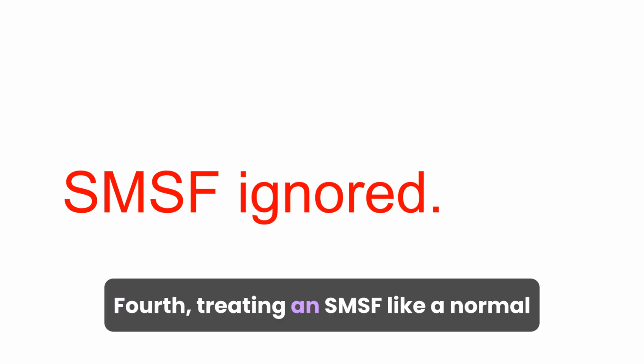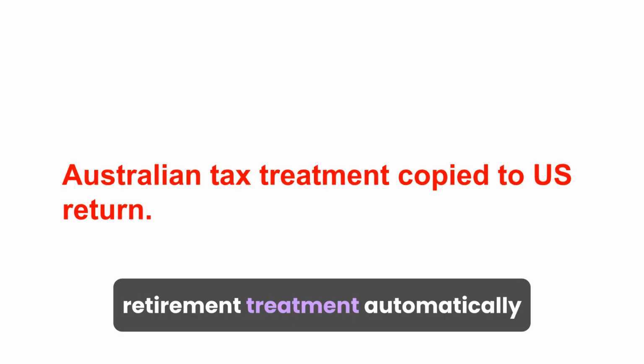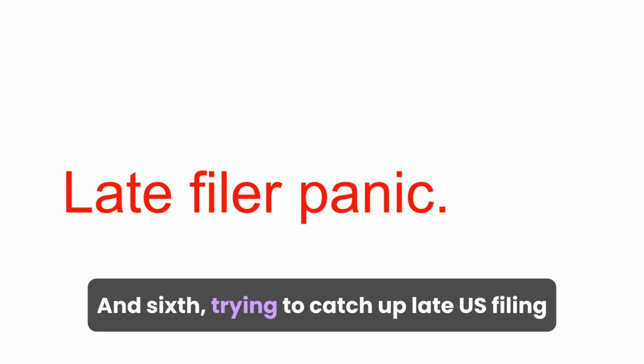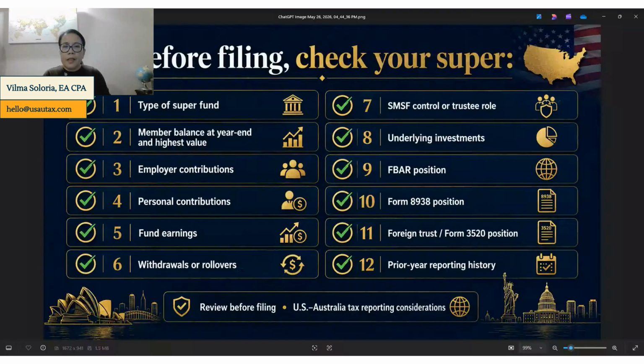Fourth, treating an SMSF like a normal employer super fund. Fifth, assuming Australian tax-free retirement treatment automatically means tax-free under US rules. And sixth, trying to catch up late US filing without reviewing the super fund properly across all years.